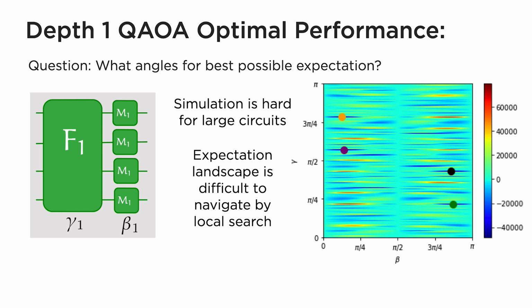As you vary your beta and gamma parameters, the algorithm will have a good expectation, the blue color, or a not so good expectation, the red colors. Figuring out which angles are going to do the best possible job for your algorithm is an important task, and it's not obvious because this pattern is very intricate, and finding where the bluest of the blue values are is tricky to do and can be very expensive.